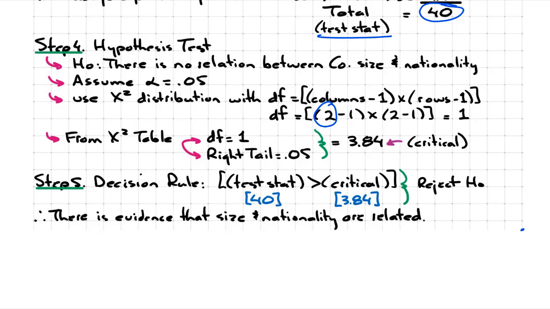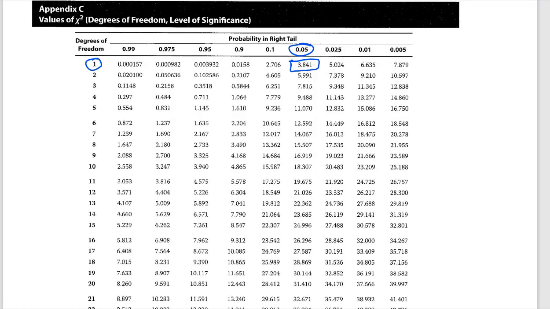So that's where these numbers are coming from. 2 minus 1 times 2 minus 1 is just equal to 1. So then we're going to go to the chi table, and we're going to look for degree of freedom 1 and the right tail area that's equal to 0.05.